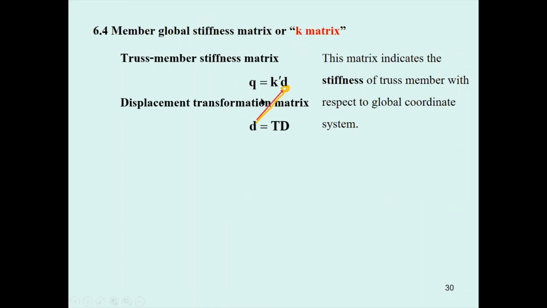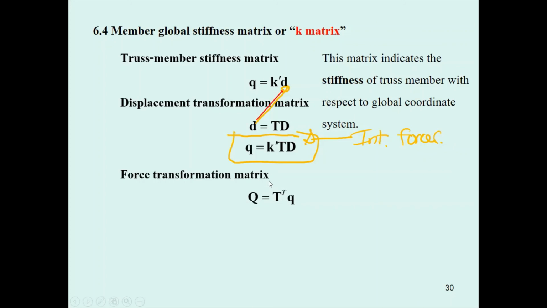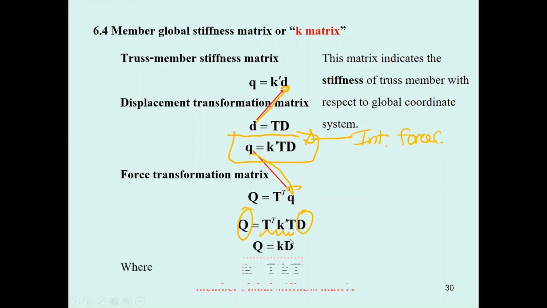Then you get this one, and just put this one over here. You get this important equation, and if you may recall a little bit, this will be used to determine the internal forces in the truss member. And then from the force transformation matrix, you put this Q into it, you rearrange it, and then you get the relationship between the external force or global force with the global displacement, and you arrive at this important matrix called the small k matrix, or the member global stiffness matrix.